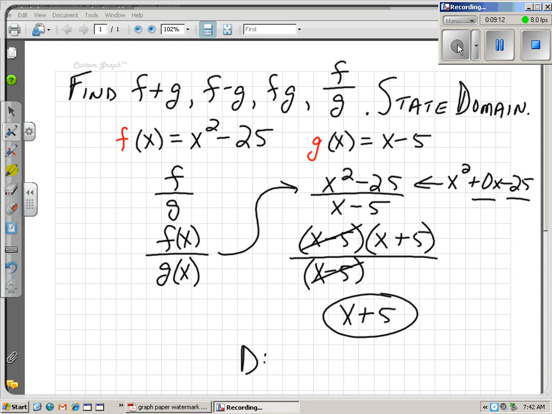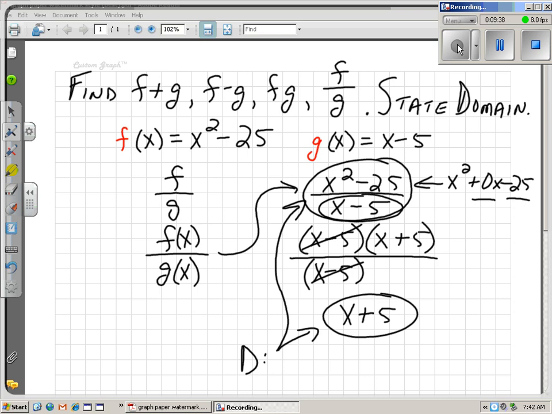Now here's a domain we have to worry about, okay? It looks like I can put any number in there for x. And if that was actually our original function, yes, you'd be right. Our domain would be all real numbers. But we have to go back to the original function here. Look at this original function before we simplified it, and look what's on bottom, x minus 5.